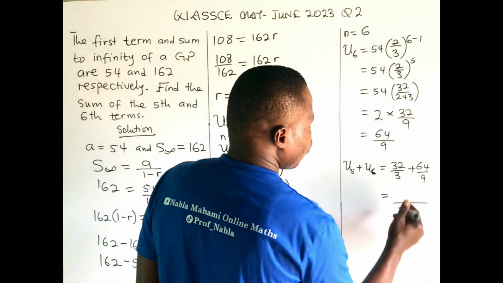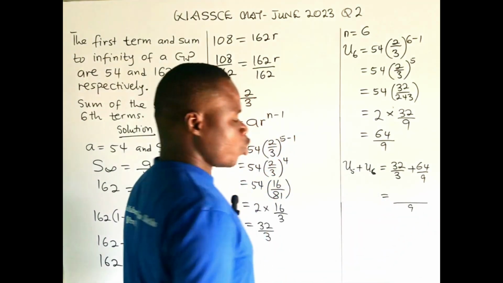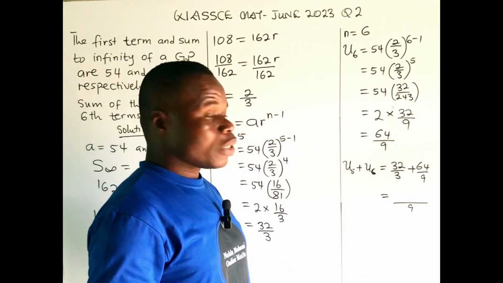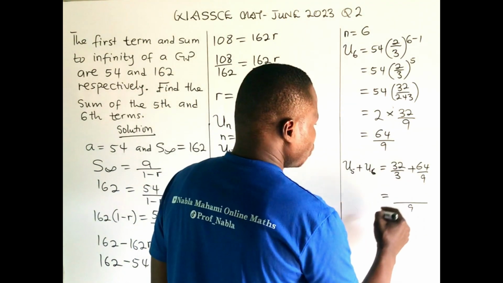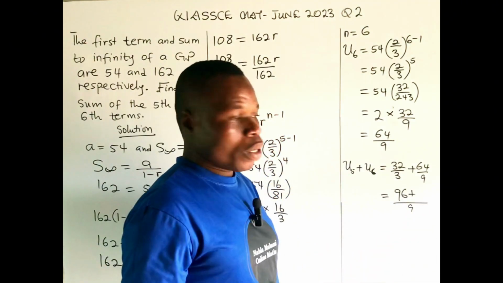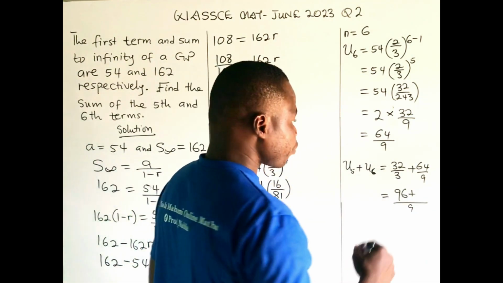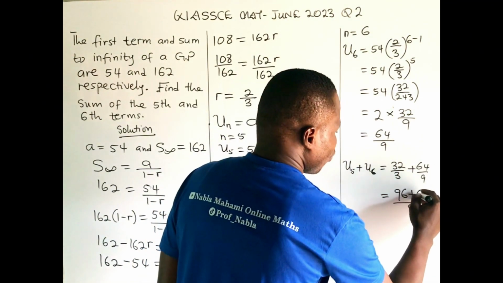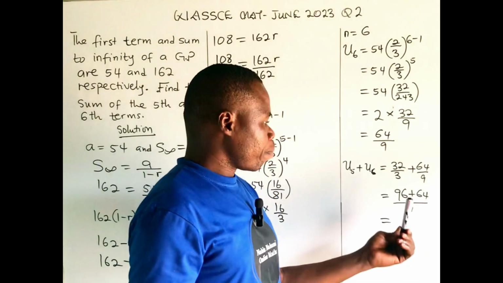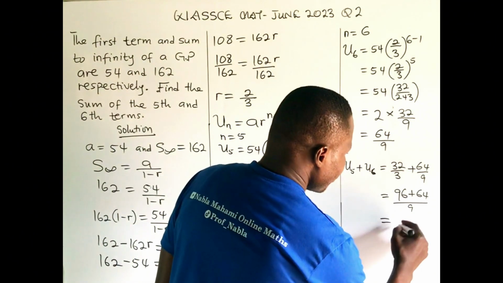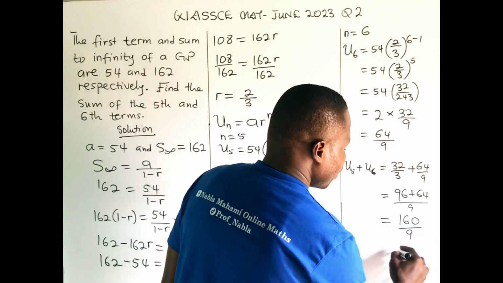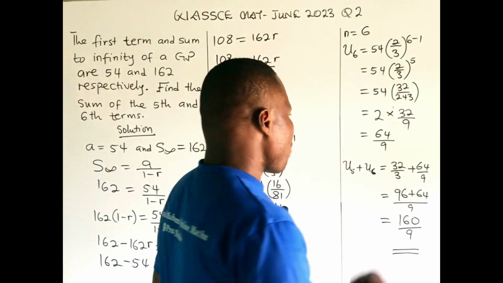Looking at this, my LCM will be 9. 3 can go into 9, and 9 can also go into 9. 3 into 9, 3 times, and 3 times 32 will be 96, plus 1 into 9, so 9 into 9, 1, and 1 times 64 will give me 64. And this will be equal to 96 plus 64, which will give me 160 all over 9. And this is our final answer.